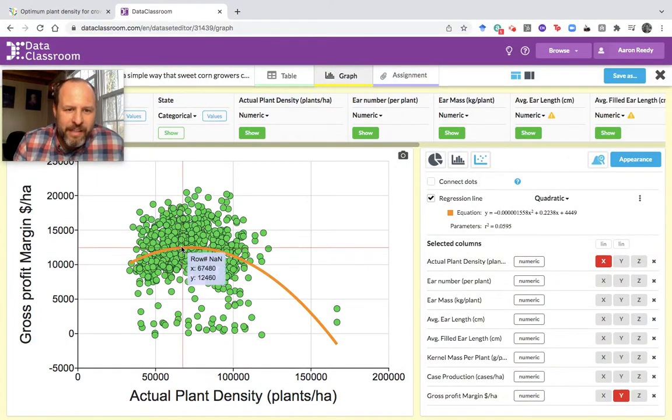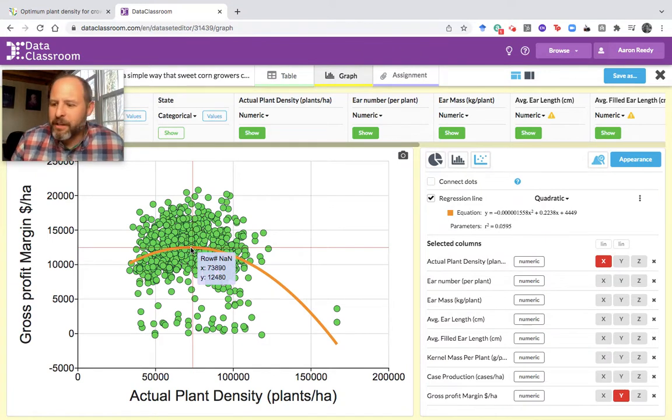But as we slide along this line, you can see that the maximum profit achieved is this $12,480 per hectare, and it sustains this level from about 69,620 plants per hectare all the way over to 73,890 plants per hectare. So the model is predicting somewhere in there is the highest profit margin, and it's predicting a profit margin of $12,480 per hectare.